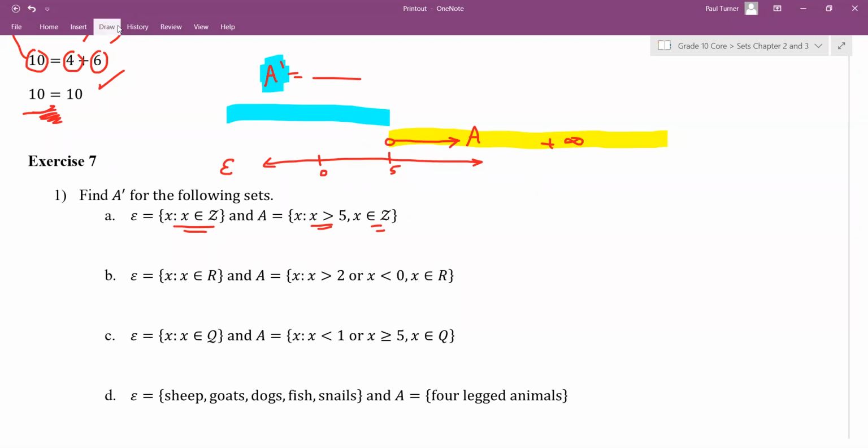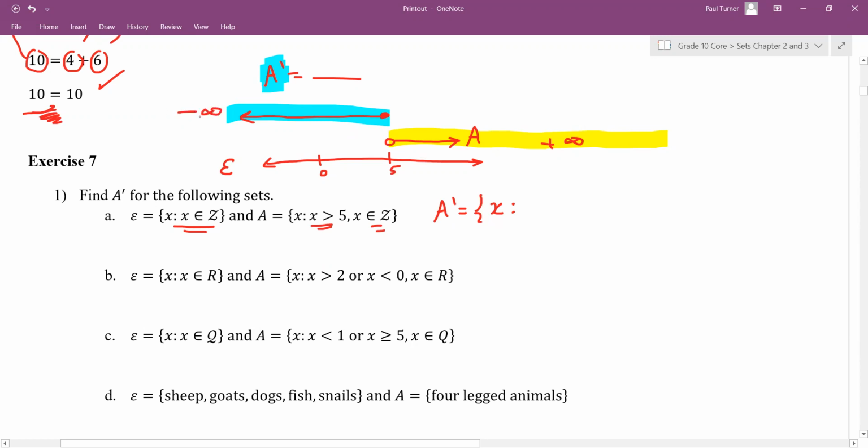So that means you would write not A is X such that, now this is greater than 5, so not A must be less than or equal to 5 in this direction. When you add them up, you'll get all of the integers. So this is A going to positive infinity.